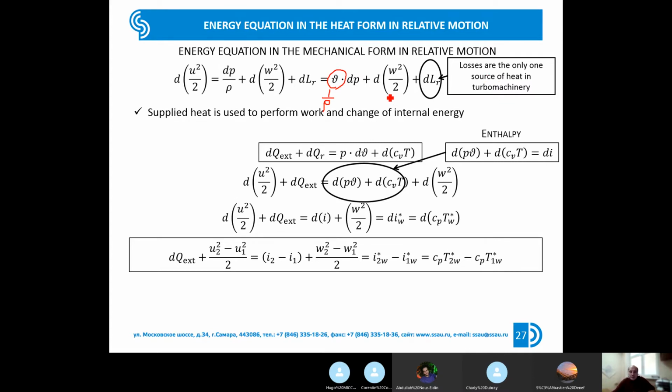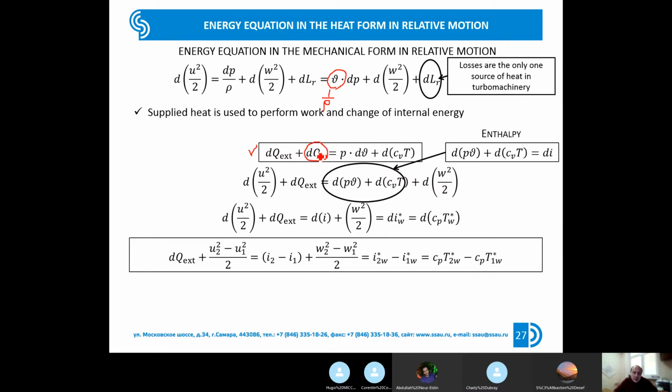After that, we write the first law of thermodynamics, which says that all external and internal heat are used to change the internal energy of the flow and create mechanical work. From this equation we extract the external heat.